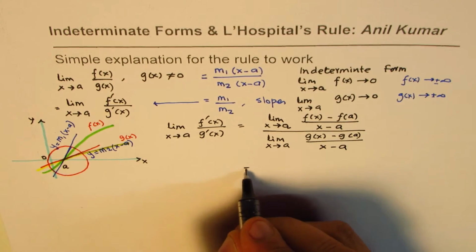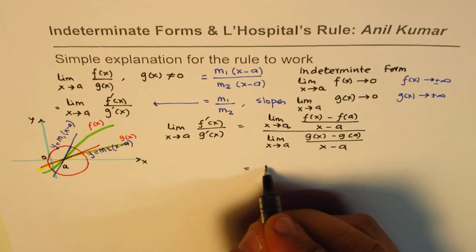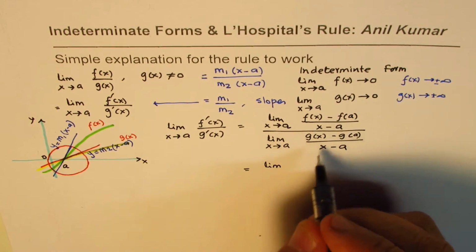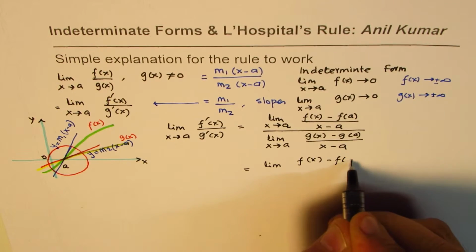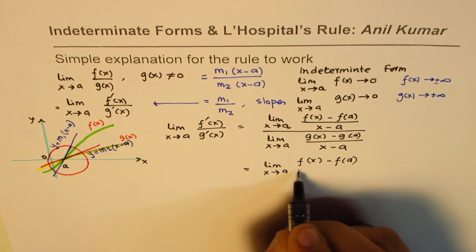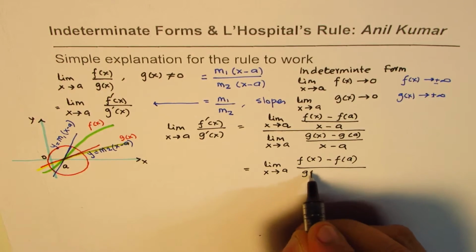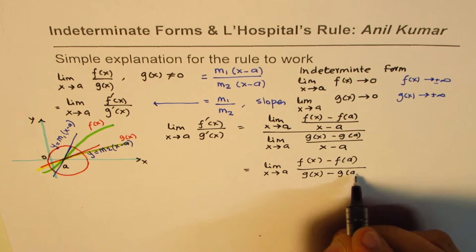Now x minus a cancels out, so you could write this as the limit as x approaches a of f of x minus f of a over g of x minus g of a.